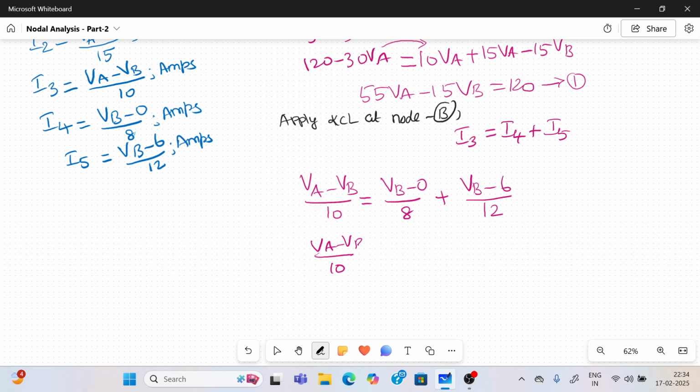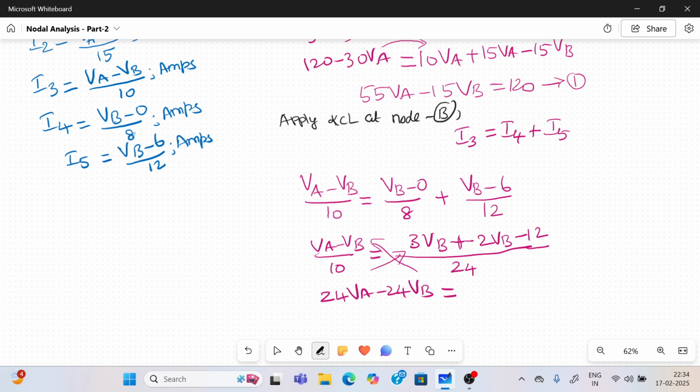VA minus VB is equal to, LCM is 24. You have to multiply 3, 3 VB, plus this will be multiplied with 2, 2 VB minus 2. Now we have to do the cross multiplication. So 24 VA minus 24 VB is equal to, so here 3 plus 2, right? 5 VB totally. 50 VB minus 120.